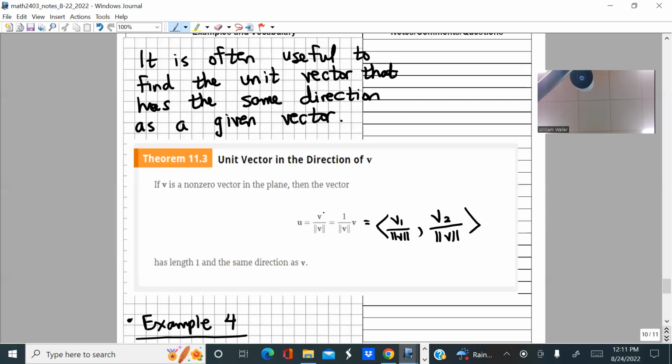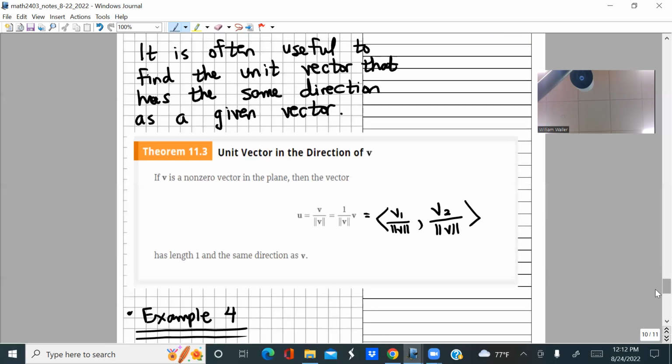So if you take a vector and divide it by its magnitude, then you'll get a unit vector, and this unit vector will go in the same direction as the original vector. So just take each of the components of the original vector, divide them by the magnitude, and you'll get a unit vector that points in the same direction as the original vector.